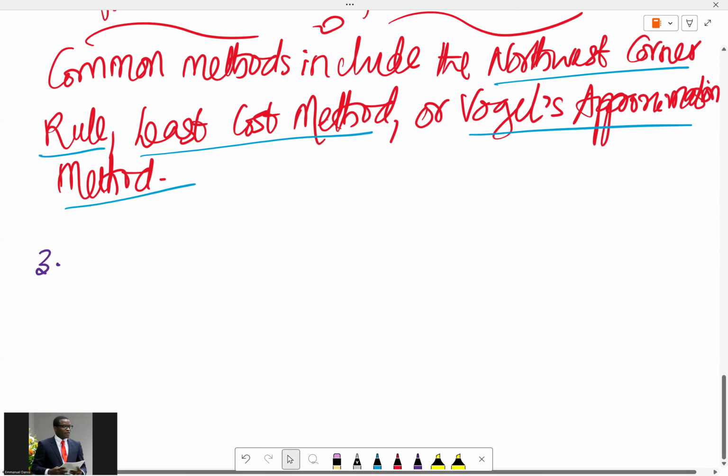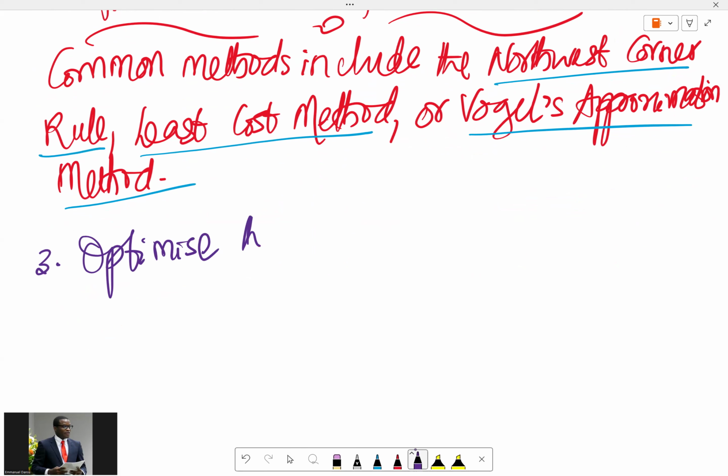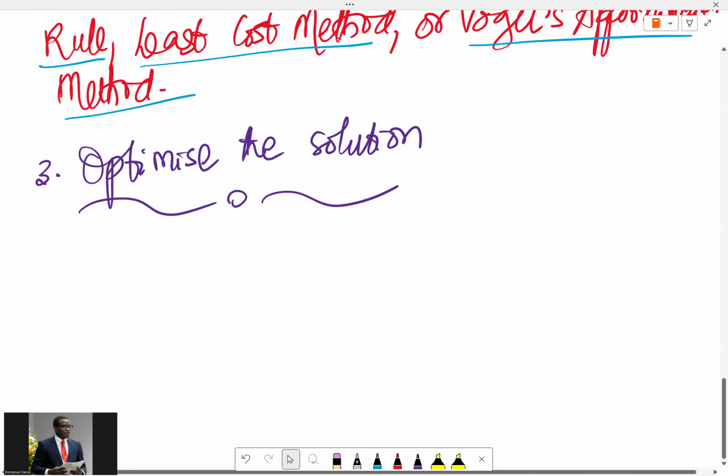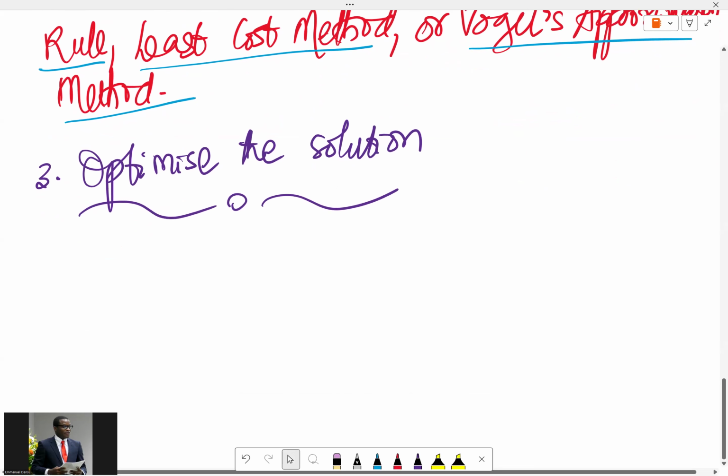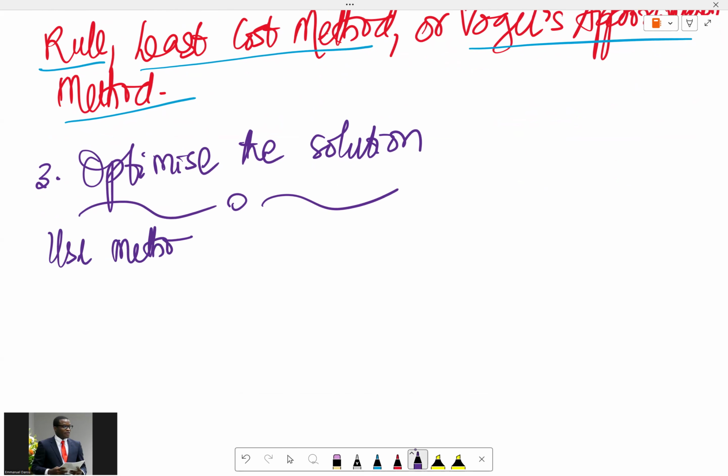Then step three, after getting your initial solution, you have to optimize the solution. The initial solution may be optimal and it may not be, so you want to check to see if it is optimal or not. Here you use methods like the Modi method.